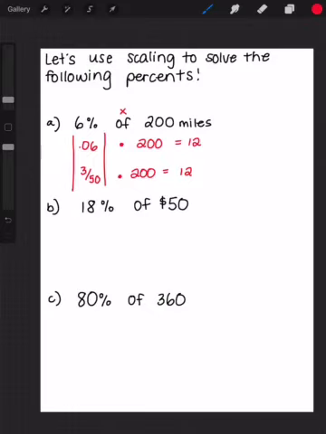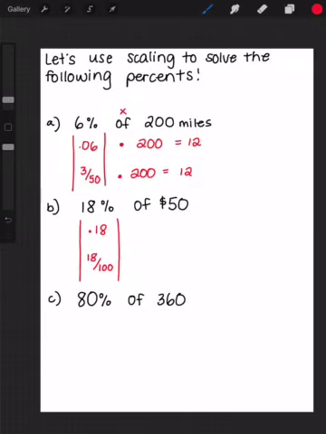All right, so when I get down to the 18% of 50, again, I can write that in the decimal version or in a fraction. So I can put this as 0.18, or I can put this as 18 out of 100, because we, again, know percent is out of 100, and I can reduce that if I chose to.